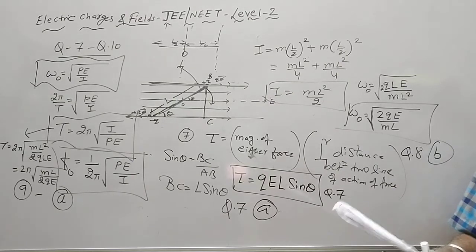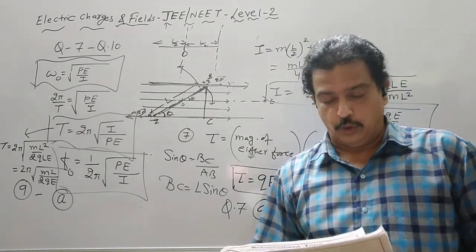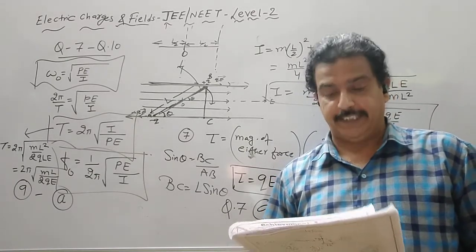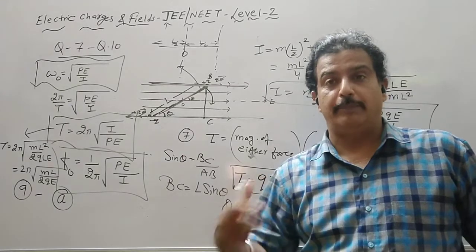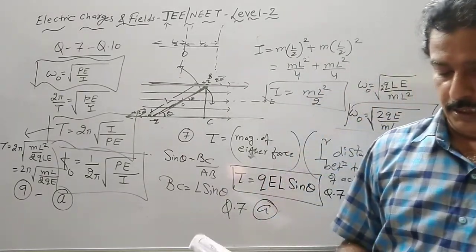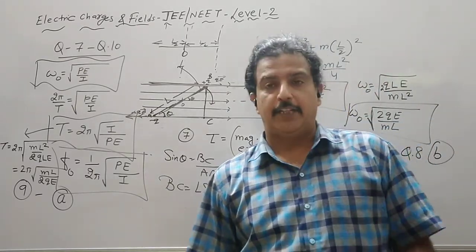Then the last question is, what is the minimum time taken by the rod to align itself parallel to the electric field after it is set free? So we have to find out the minimum time when the rod aligns in the direction of the field.